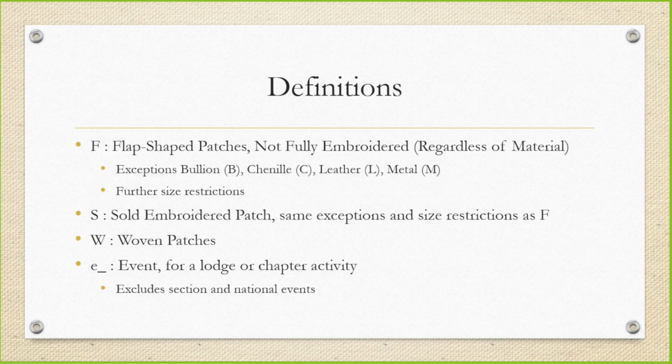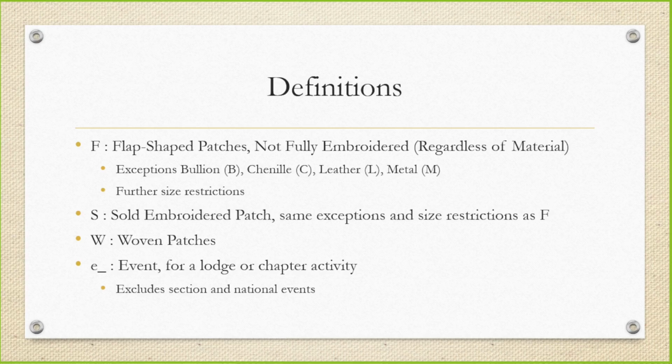So for F, we have flap-shaped patches, not fully embroidered, regardless of material. Now, I think this goes back to maybe the last update. I'm not sure when they updated. I know they updated some of these not that terribly long ago, but the point is that they considered it an F if it was a material that did not already have a collecting letter.